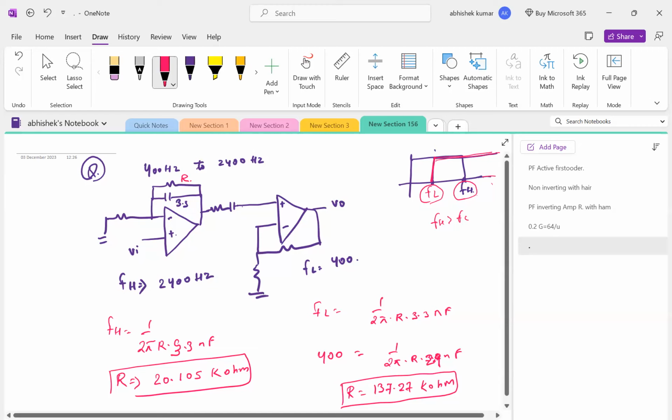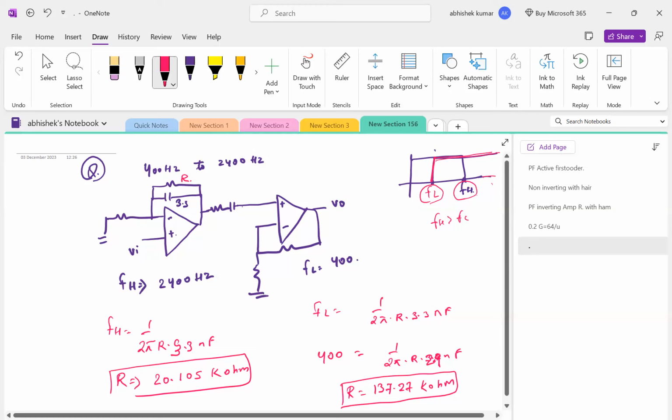For our convenience we used to, but the correct notation for low pass is always FH, and the correct notation for high pass is always FL. Why? Because FH is the maximum frequency. In low pass, after a certain high value of frequency, our signal is getting cut off. So in the low pass, the maximum allowed frequency will be FH, right?